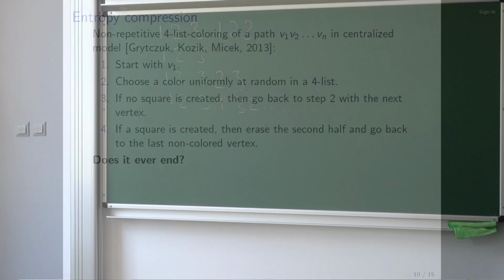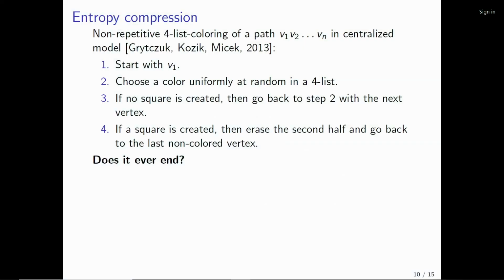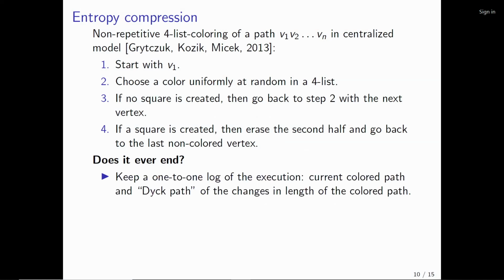So how can you show that this sort of algorithm actually ends, right? Because it needs to end for you to show that this is possible. Well, this is this idea of keeping a log of your execution. So you want to produce a log which is just the minimum amount of information necessary to encode your execution.